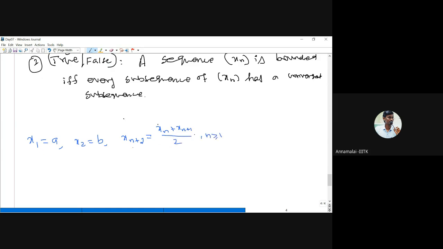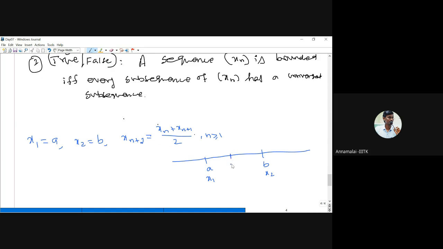For n equal to 1, x_3 is nothing but (a+b)/2. And x_4 you again add the previous two terms and take the average. If you mark it, suppose a is here, b is here. This is the first term x_1, this is x_2.